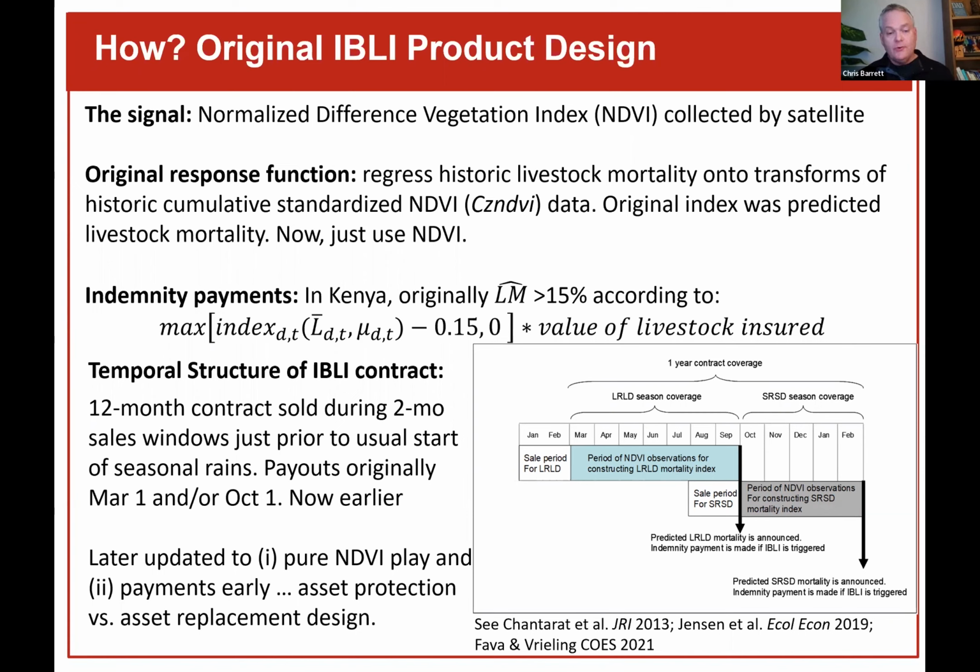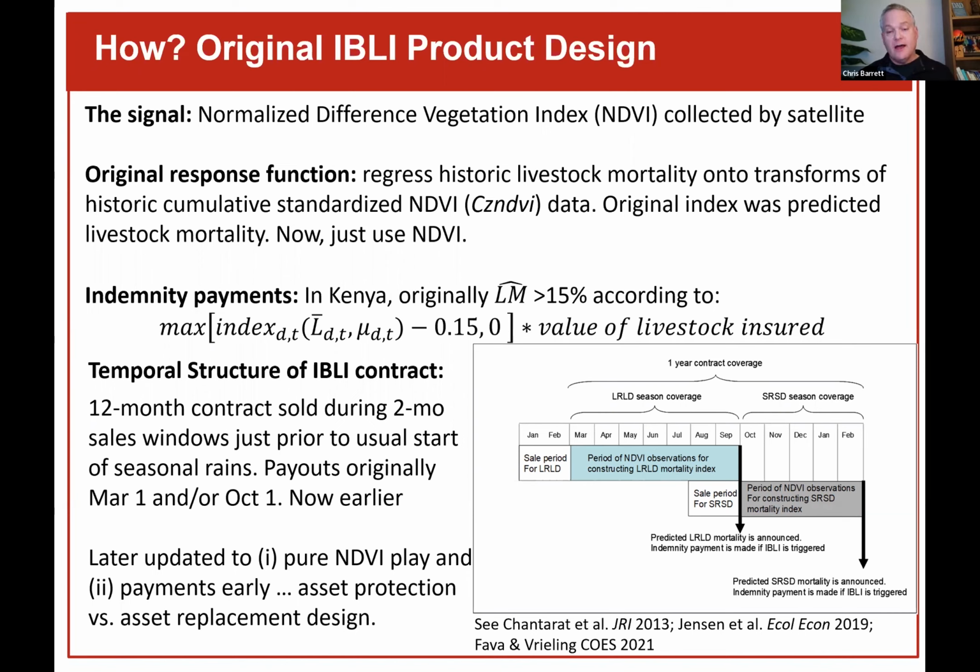So you'd have two-month sales periods during which people could buy a 12-month contract that offered the possibility of payouts at either of the ends of the two usual long rain, long dry combination periods. And the idea was that the first 15% of loss would be absorbed by the policyholder, and everything thereafter would be paid back through an indemnity.